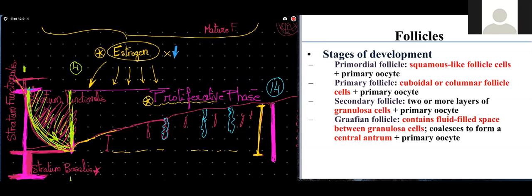So if you don't have any ovarian hormone, you don't have neither estrogen nor progesterone, what's going to happen? There will be no support for the stratum functionalis of the endometrium. Remember, in order for you to sustain the proliferation, to maintain the thickness of the endometrial lining, you're going to need to be supported by estrogen and progesterone. So what happens when I have a major decline in all ovarian hormones?